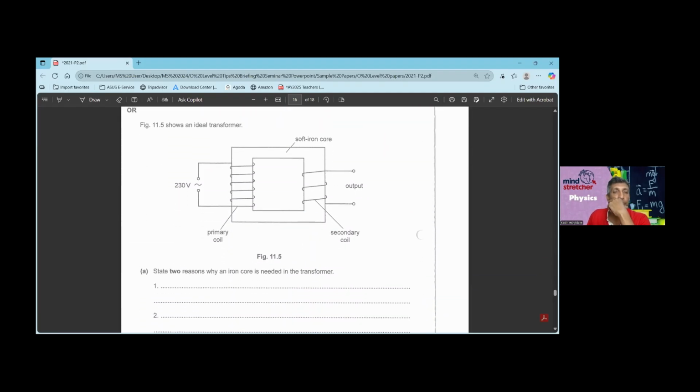All right. This is the either-or question. Now, this one, transformer, is from the topic of EMI. Why do you need the iron core? Guys, what's the purpose of the soft iron core?